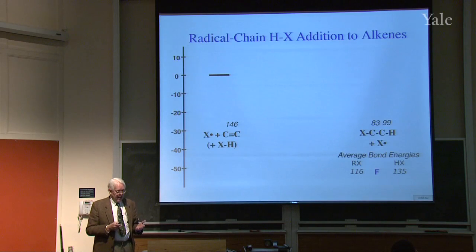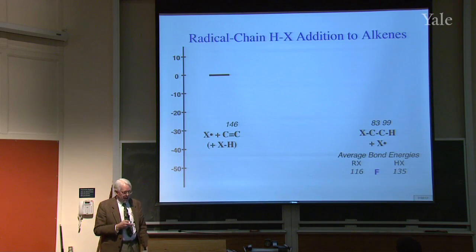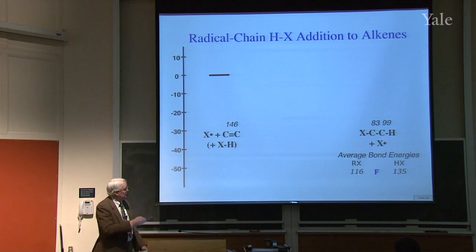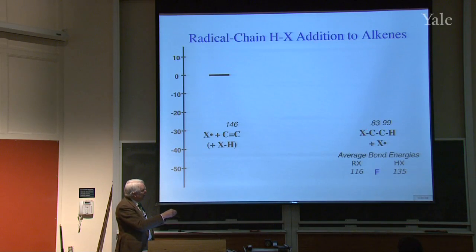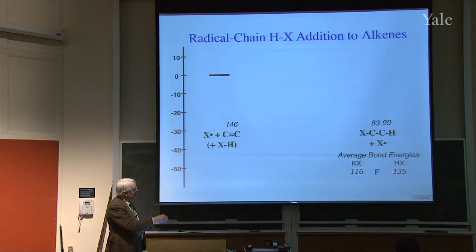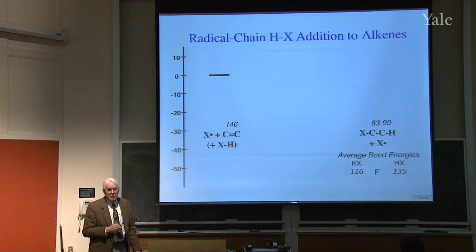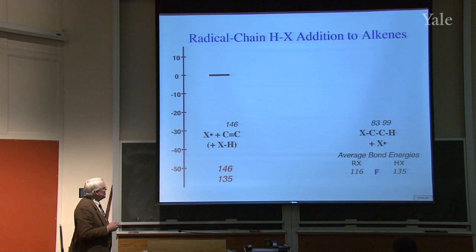And we've converted XH to X radical, okay? So if we look at the average bond energies involving fluorine, for RX, the product, we have 116 that's going to go in here. And in the starting material, we're going to have HX, hydrogen fluoride, 135 that's going to go there. So we're going to add these together, these bond energies.